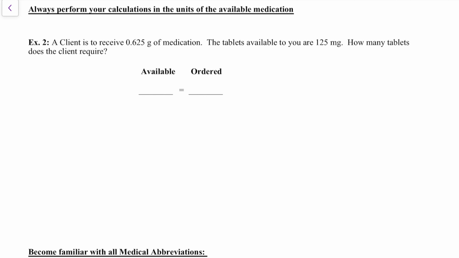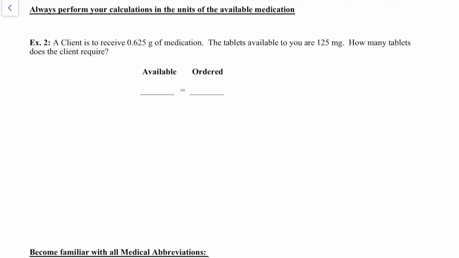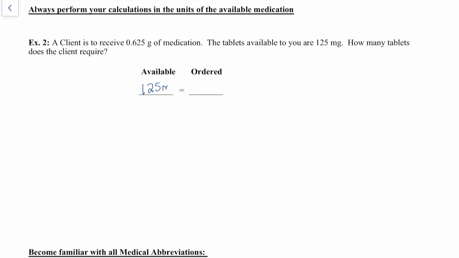Okay, so let's write this out into our ratio formula. So what's available? Well, the tablets available to us are 125 milligrams for 1 tablet. And the ordered medication is 0.625 grams. So let's take that aside for a second. 0.625 grams. If we look at our metric conversion scale, we have grams, decigrams, centigrams, milligrams.